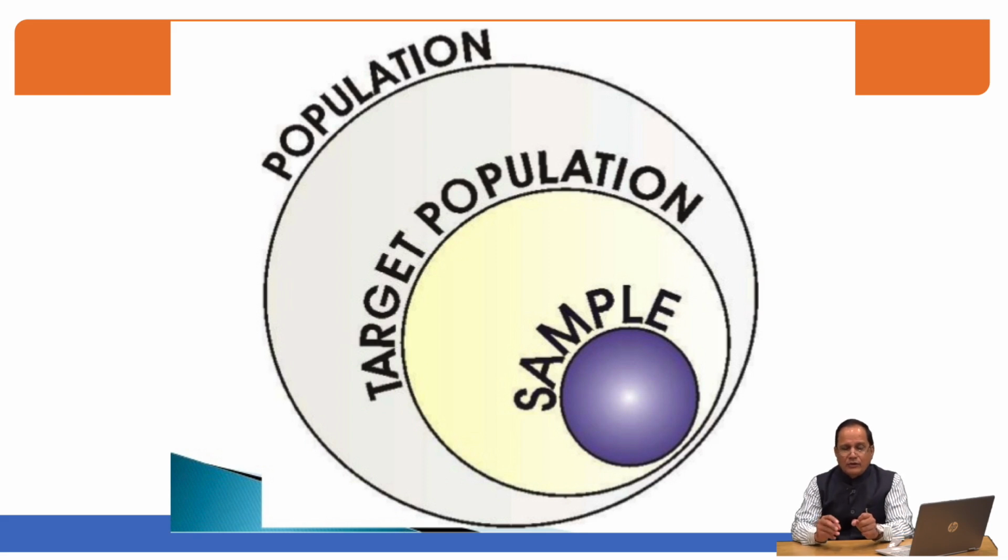Whereas, in case of sample study, we go for a particular unit, or we select some of the subjects from the whole population for conduction of the study, and then the findings are generalized and implemented on the whole population. So, here we could understand what is population, what is census study, and what is sample study.